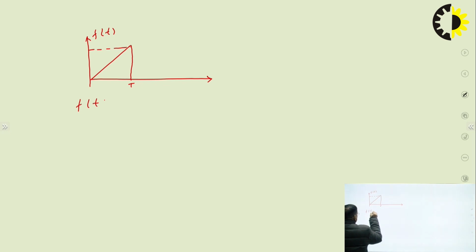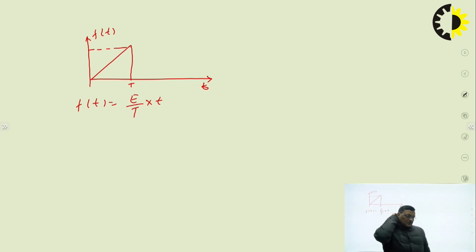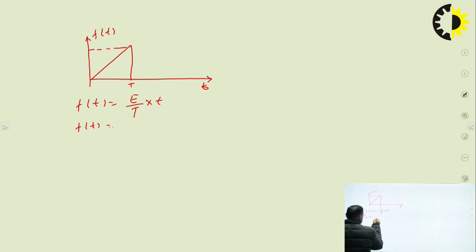So f(t) is (E/T)t. Okay, so this is the equation of the line (E/T)t. If we multiply with the gate function, so f(t) is equal to (E/T)t.